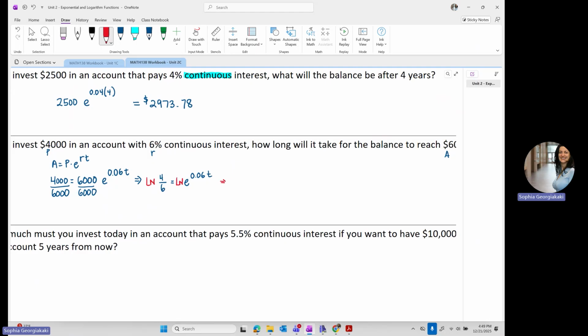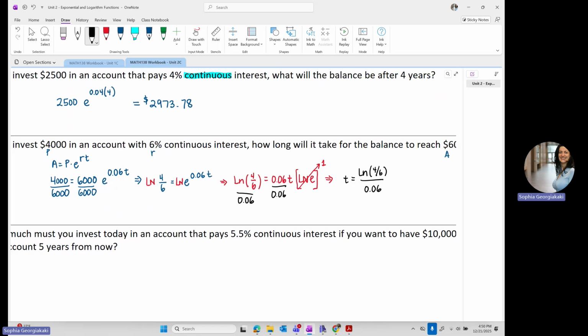So I will get ln of 4/6 equals 0.06 t ln of e. ln of e is equal to 1 because I chose my base to be e. So therefore, to solve for t, I'm going to divide by 0.06. So I will get t equals ln of 4/6 divided by 0.06.